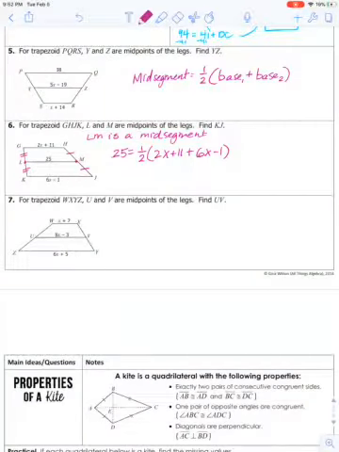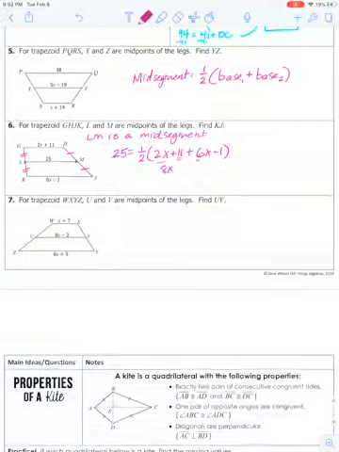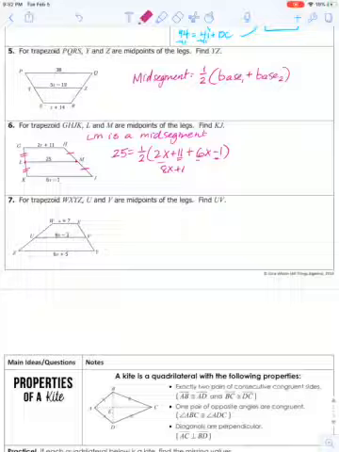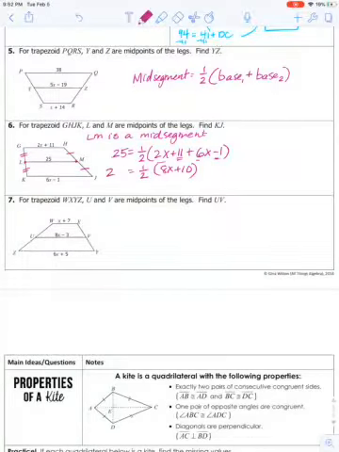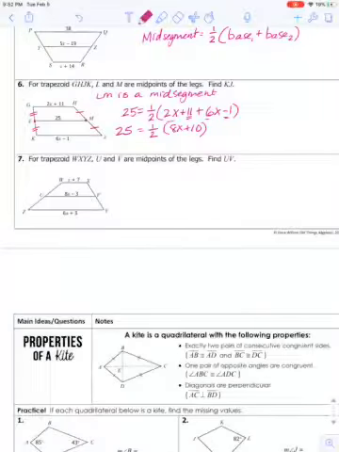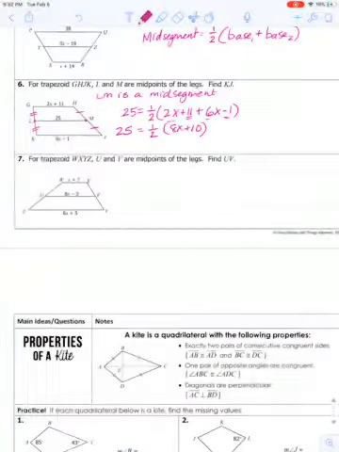And then solve. Start by simplifying what you can. In the parentheses, you have 8x, and then 11 minus 1, so that would become plus 10. Bring everything else down. You can distribute the 1/2 by dividing the 8 and the 10 by 2, or you can multiply both sides by 2, which is what I like to do.